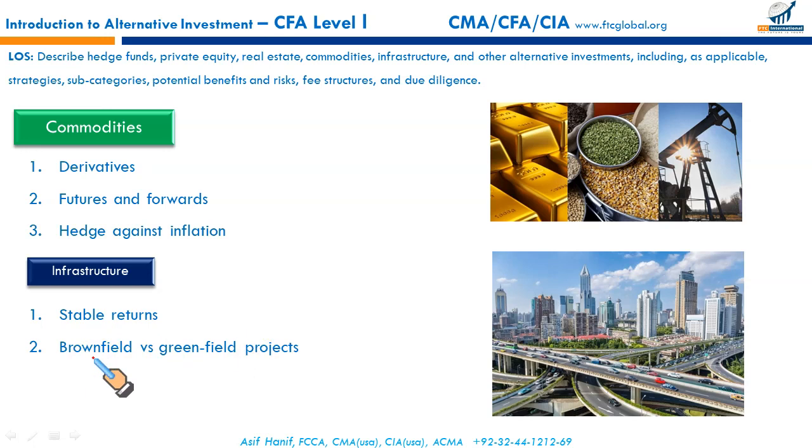Brownfield investments are those which are either being sold or leased by the current owner, often the government. Existing investments in infrastructure are brownfield investments. But when you say greenfield investments, these are new projects. And as I said, investments in bridges, tunnels, roads, communication equipment, factories, they all fall within infrastructure.